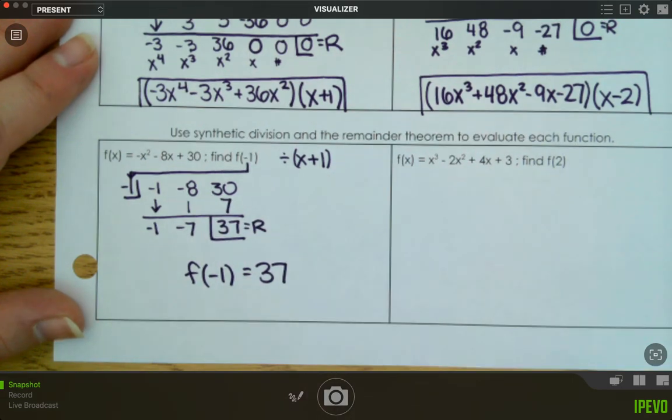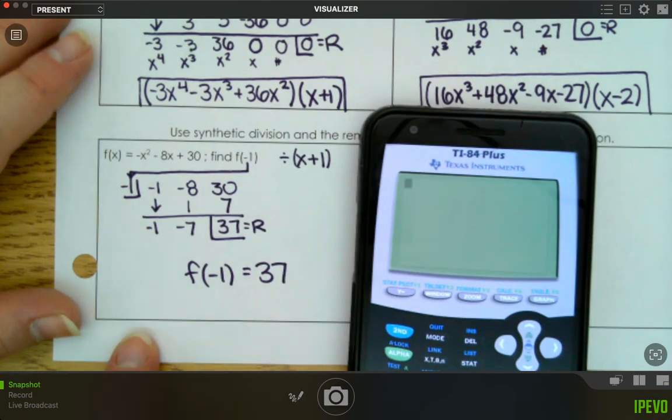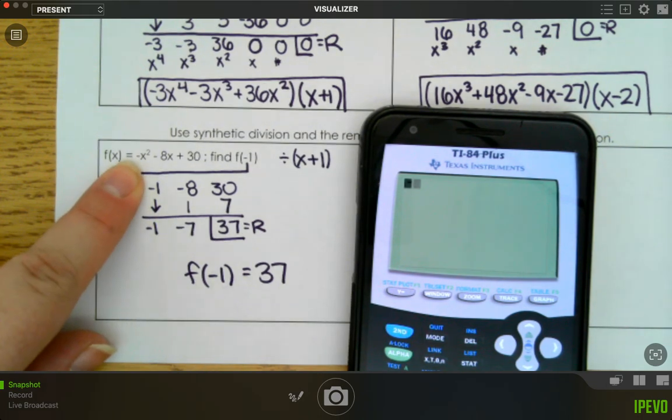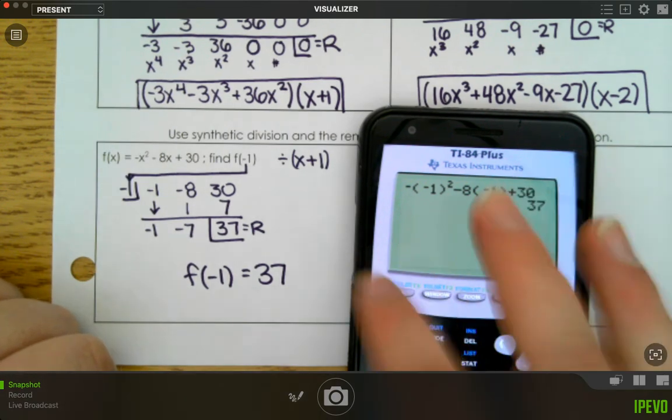Just to prove to you that this does work, if I plug this -1 back in to my calculator, it would be -1 squared minus 8 times -1 plus 30. That's 37. But look at all those negatives.